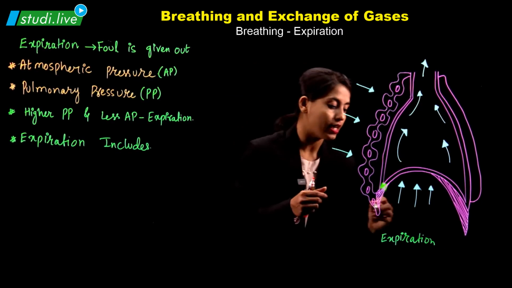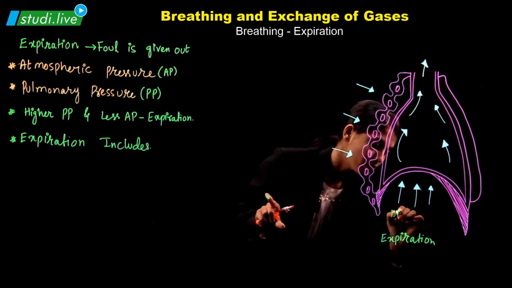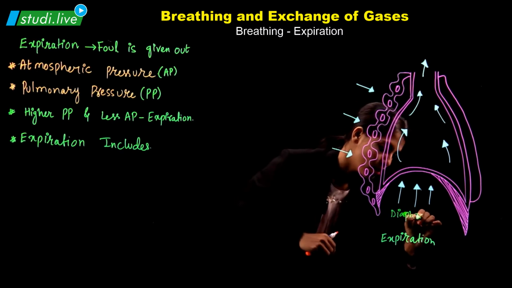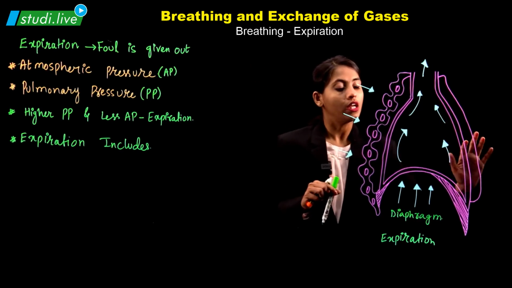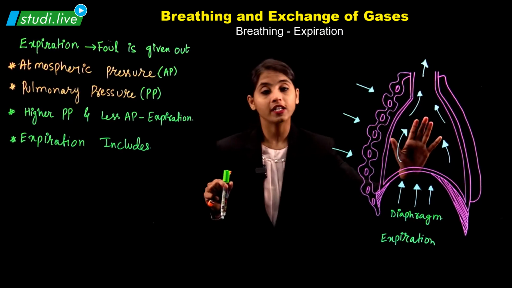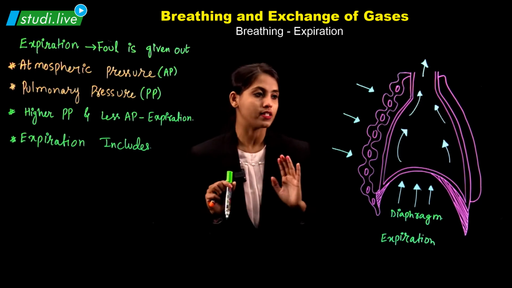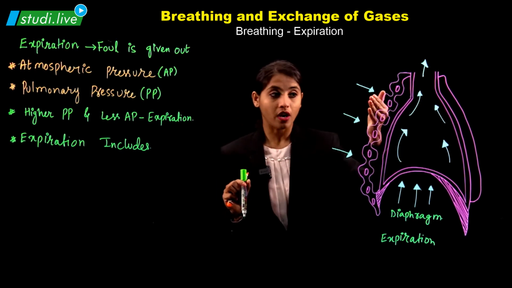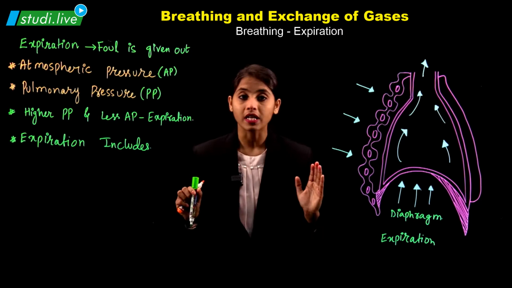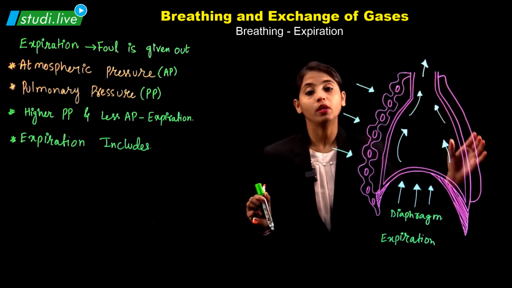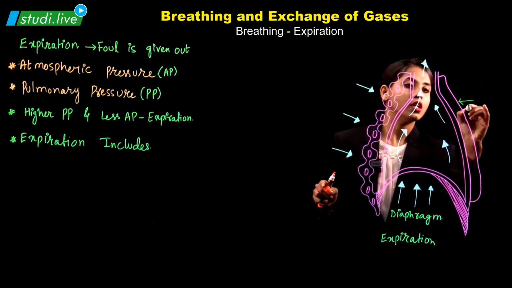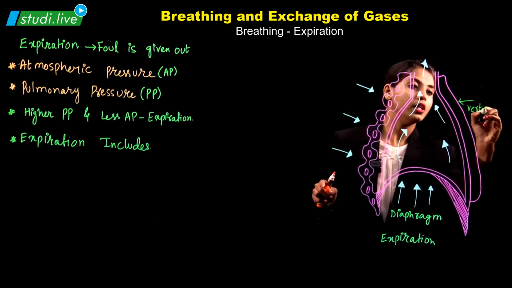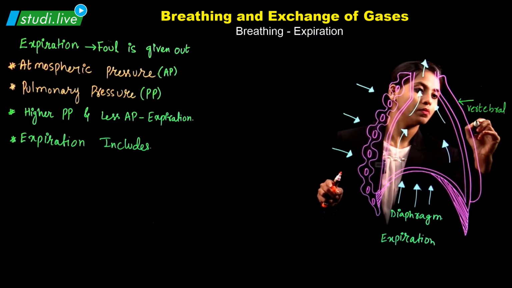This is the diaphragm. You must be aware that the lung is being protected from all four sides: frontally from the sternum, from the sides by the rib cage, and from the dorsal view by the vertebral column. So what is this? It is the vertebral column.